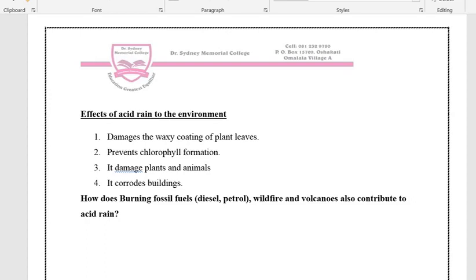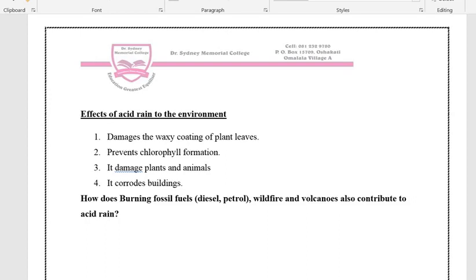If you have nice buildings that are painted nicely, when there is acid rain, it's going to wash off that paint. Not all of it completely, but you will see the stains. You've painted your house a bright yellow color, but before you know it, it stains and looks dirty. Why? Because of the acid rain that has gone onto those walls. That's why it says it corrodes buildings.